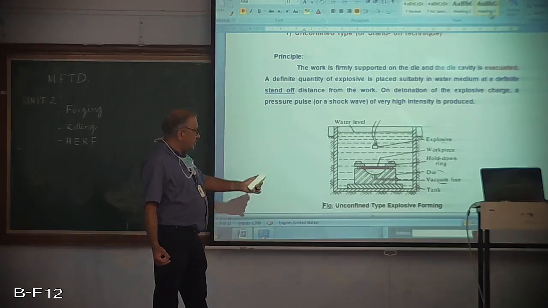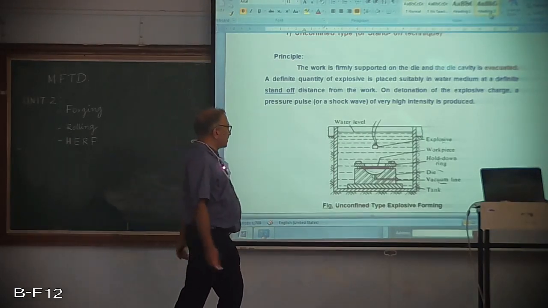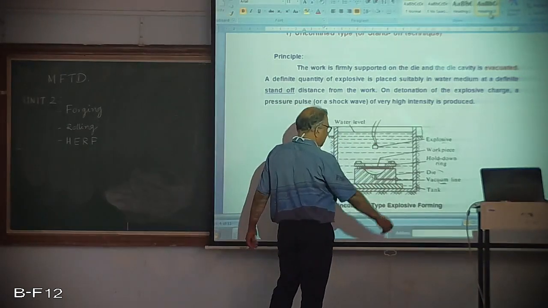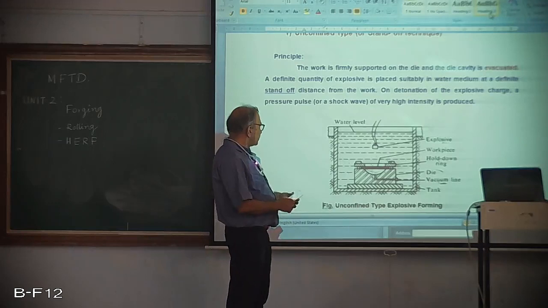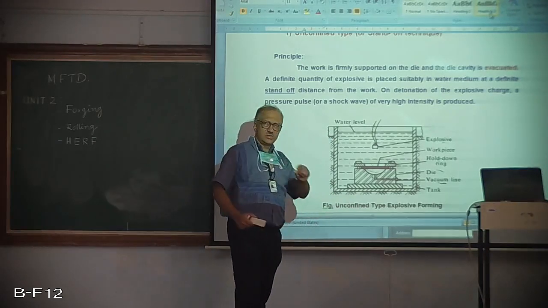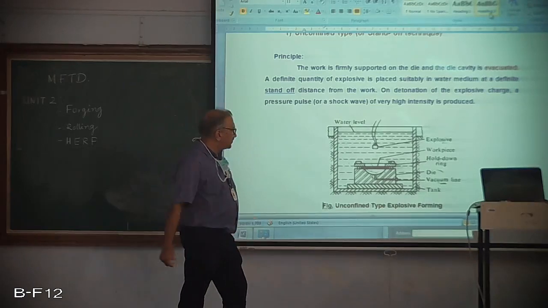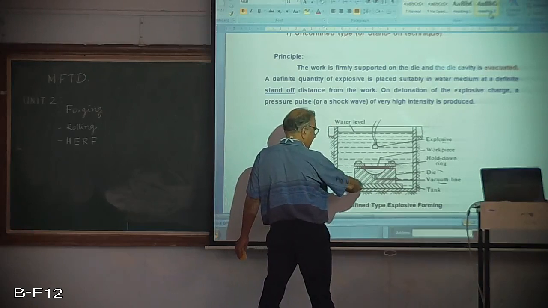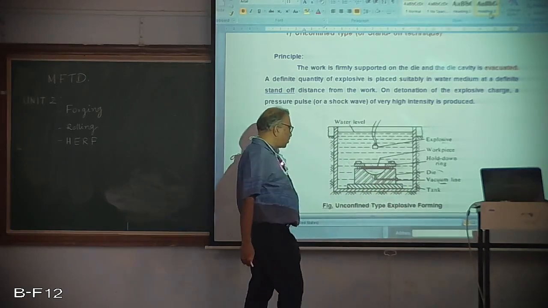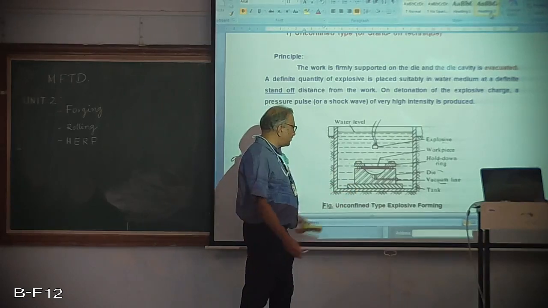for executing the unconfined type of explosive forming is such that there is water in a huge tank with a very thick wall all around, and within the water we have the work support for the die, and on the die we have the workpiece.